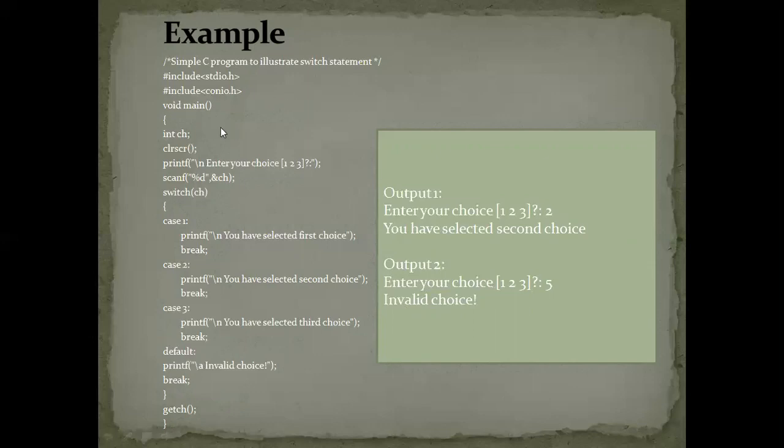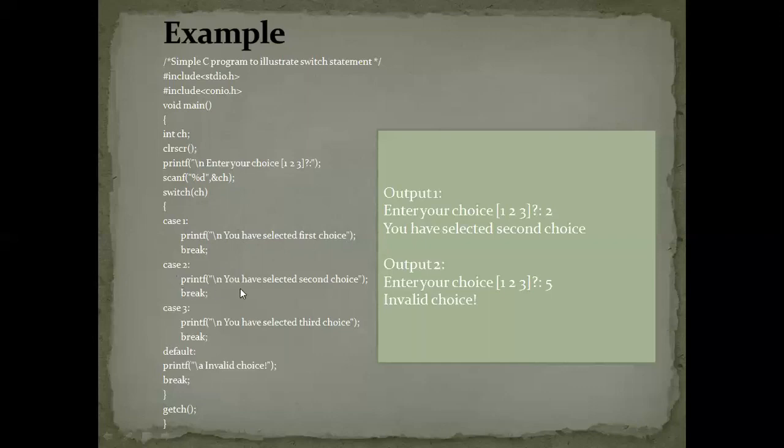Come to the program. Header files, void main, then int ch, the character I have taken. Then enter your choice, which I am reading. Enter the choice. Switch, then case 1: if the choice is 1, then you have selected the first choice.